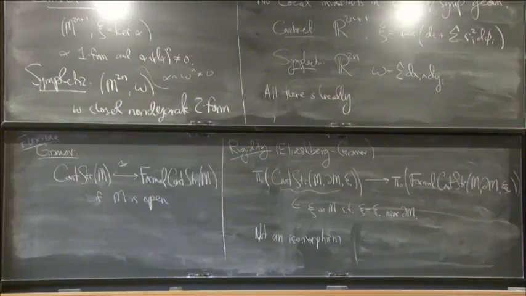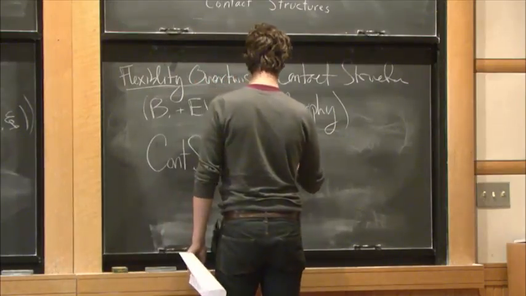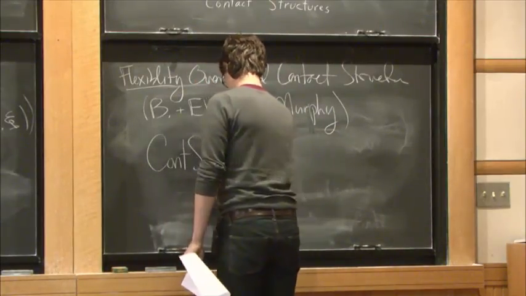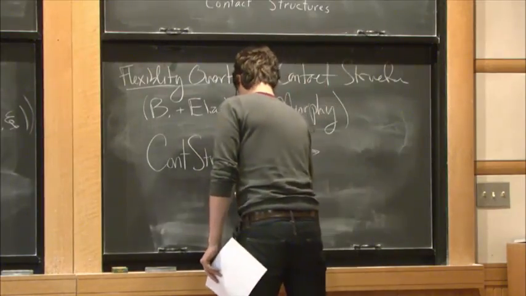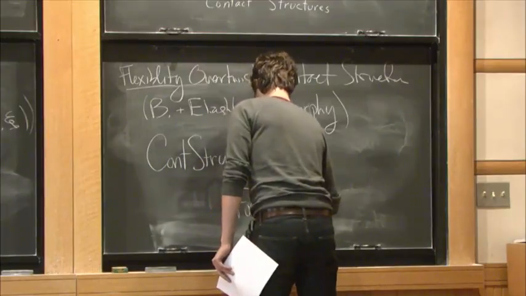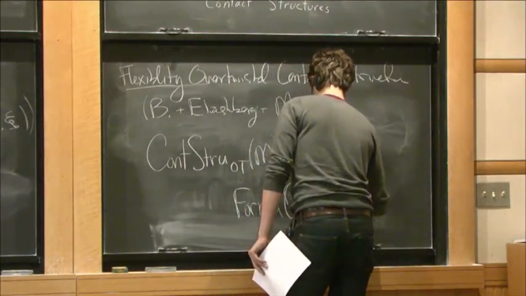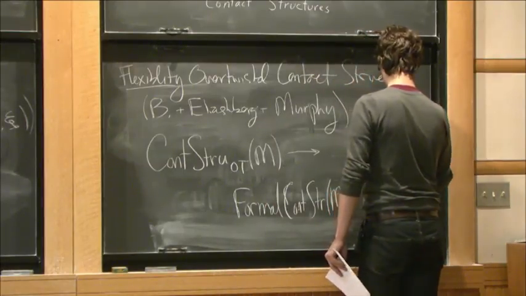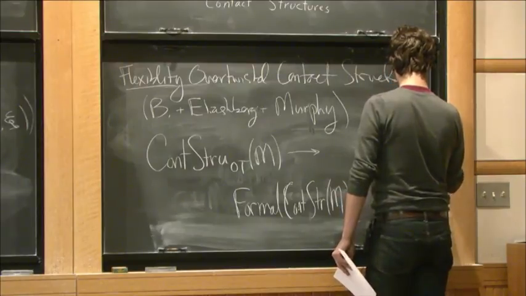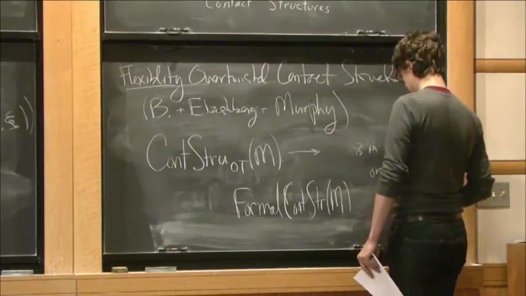So I'll write it this way: the inclusion of overtwisted contact structures into formal contact structures on M is an isomorphism on pi 0.